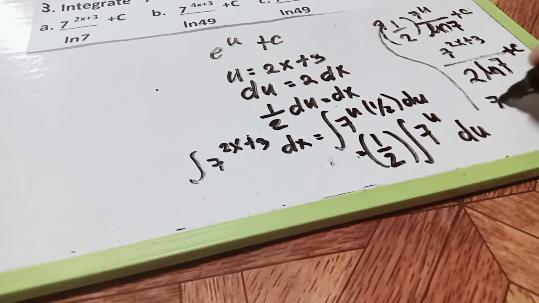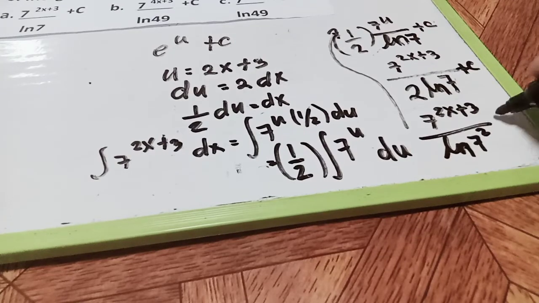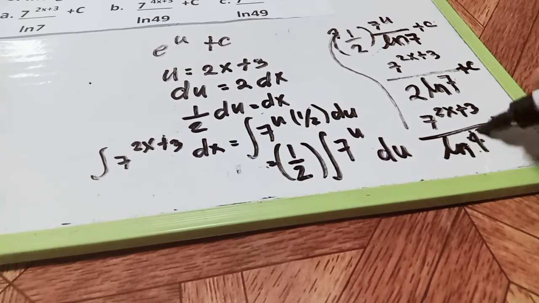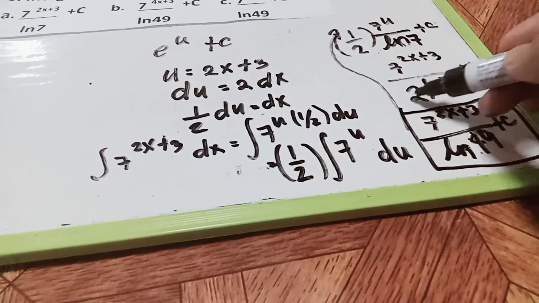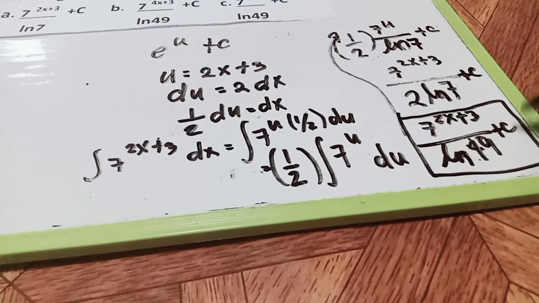So, 7 to the 2x plus 3 over ln of 7 squared plus C. So, 7 squared will change to 49. This will be our final answer. Take note, 7 to the 2x plus 3 over ln, 7 squared, this will become 49 plus C.